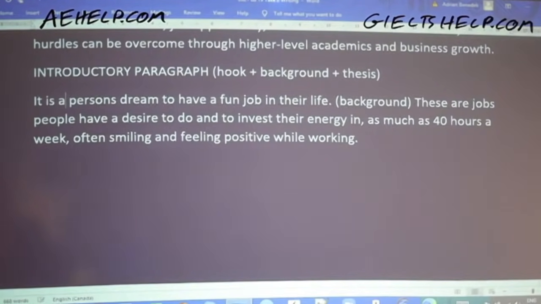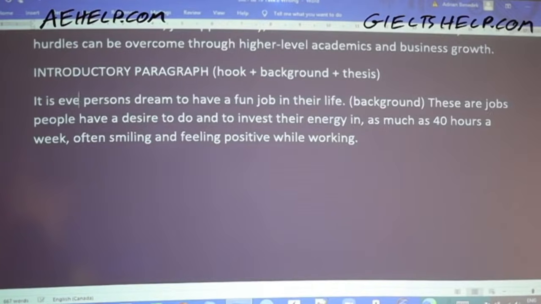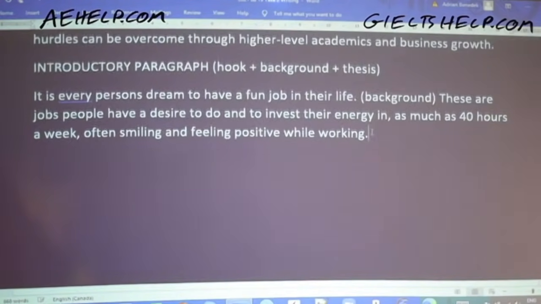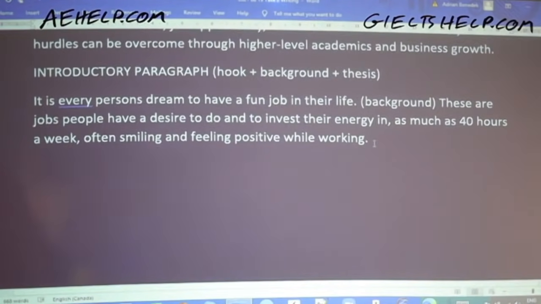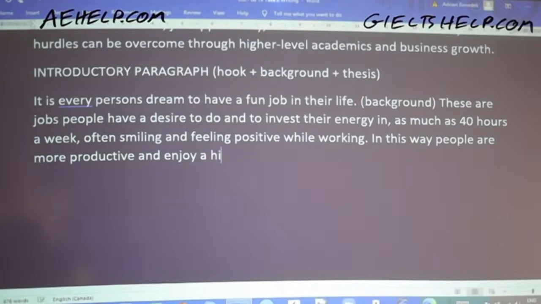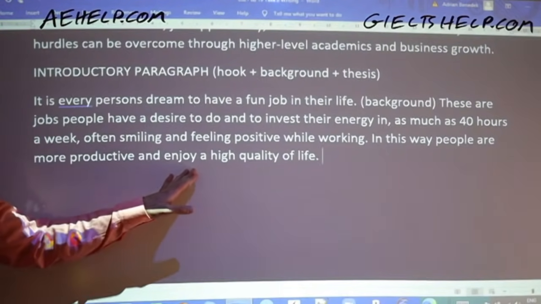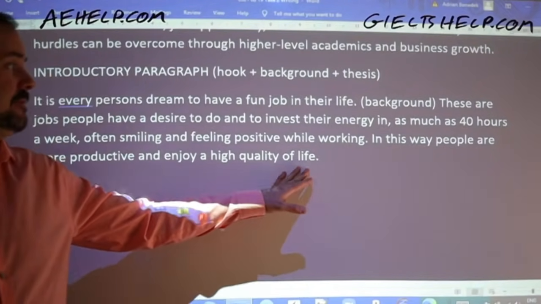I definitely don't like that correction there. All right, why? So the importance of the idea here: in this way, people are more productive and enjoy a high quality of life.